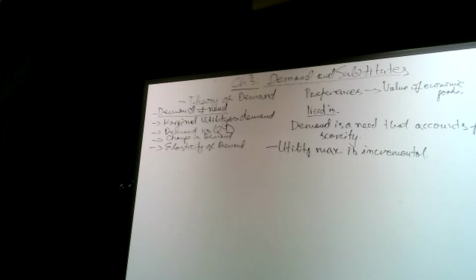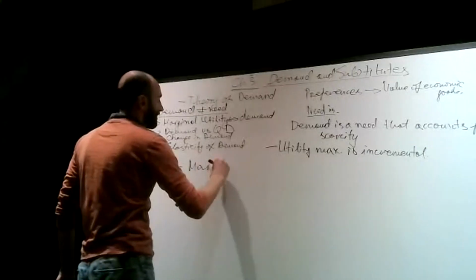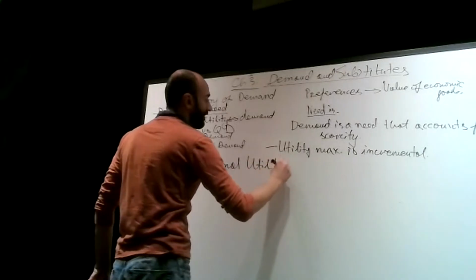It's always incremental. So this principle that all our decisions are done incrementally with small additions or subtractions is called marginal analysis, decisions on the margin, on the edge. You increase or decrease something slightly. Marginal decision making or marginal utility.